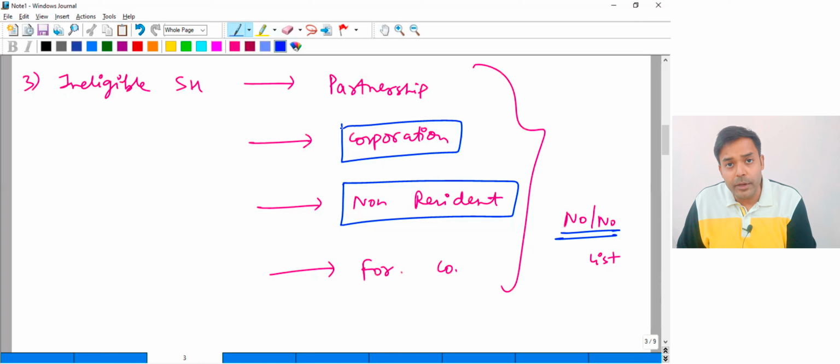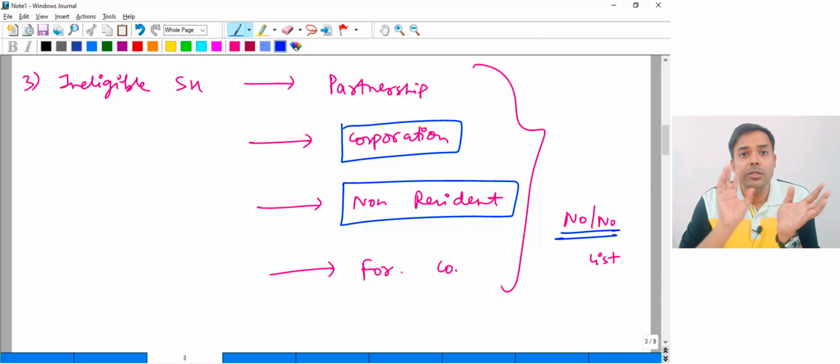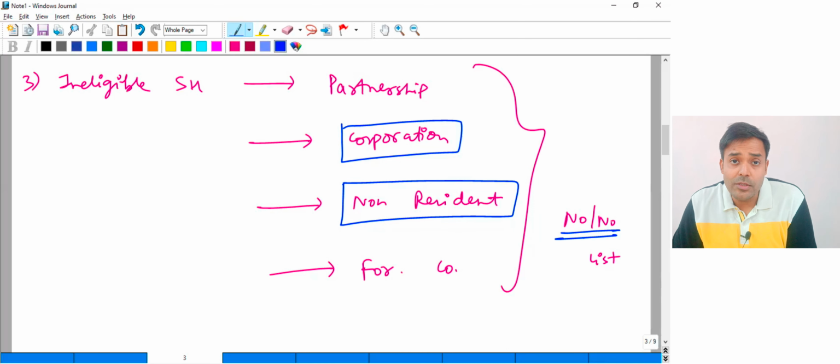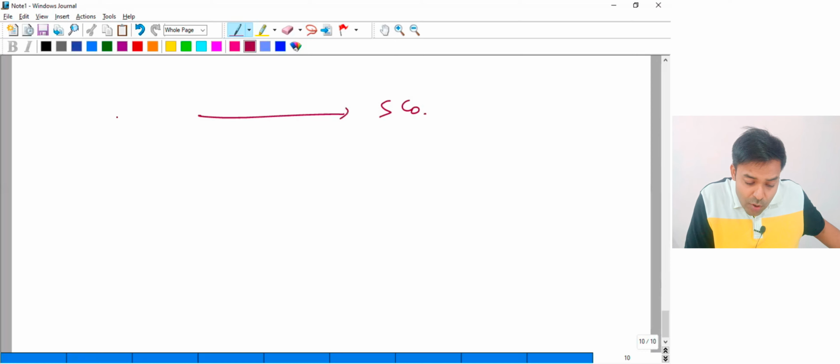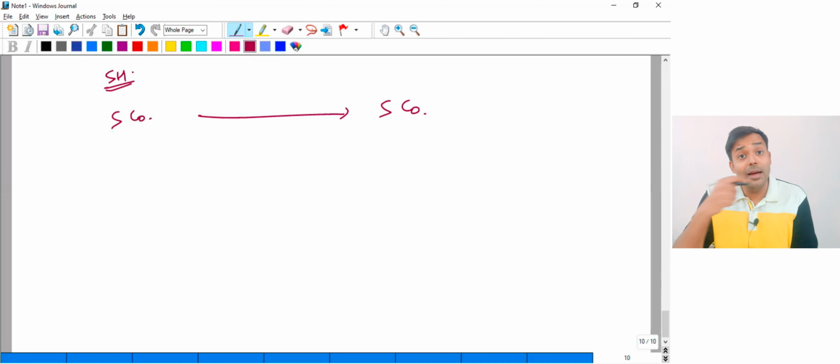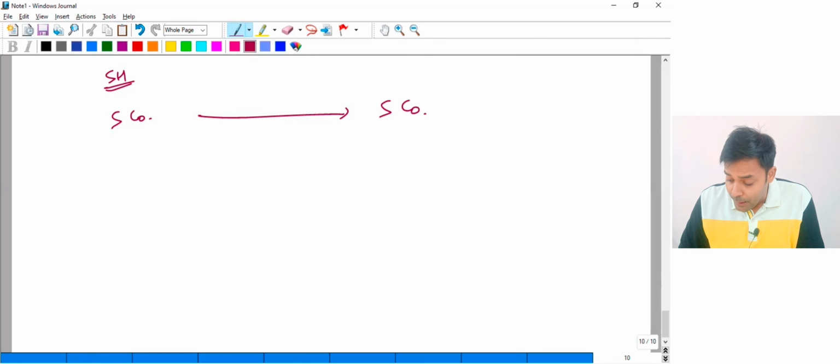When I say corporation, I mean both domestic and foreign companies. So a corporation cannot be a shareholder. However, another S corporation can be your shareholder. That is allowed. Otherwise, no one is going to be there.